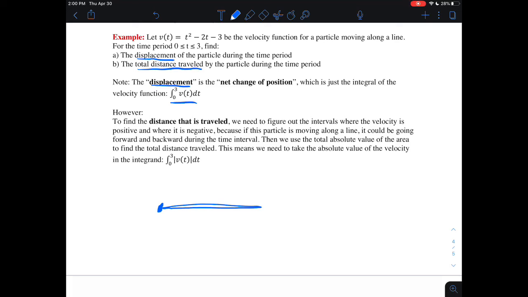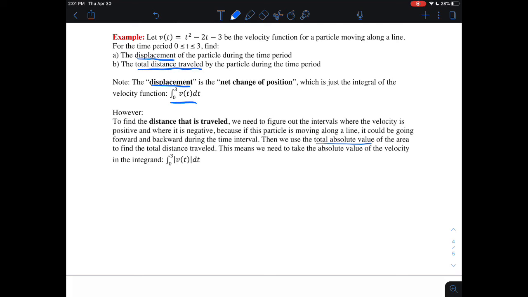So how do we answer this question about distance traveled? We use the total absolute value of the area to find the total distance traveled, because if the velocity could be positive or negative, we might have the graph above the x-axis, or in this case the t-axis, and it might be below the t-axis.